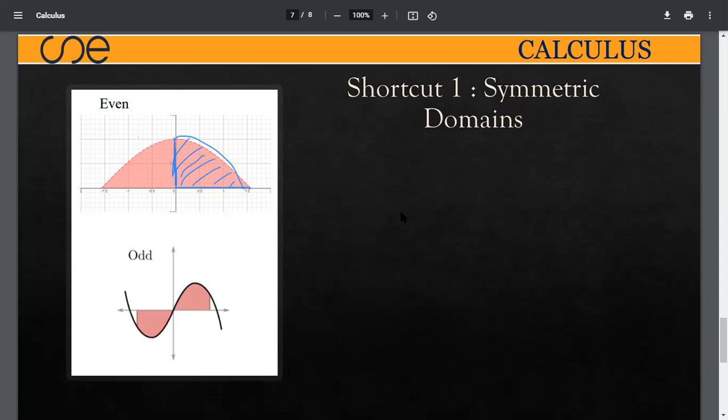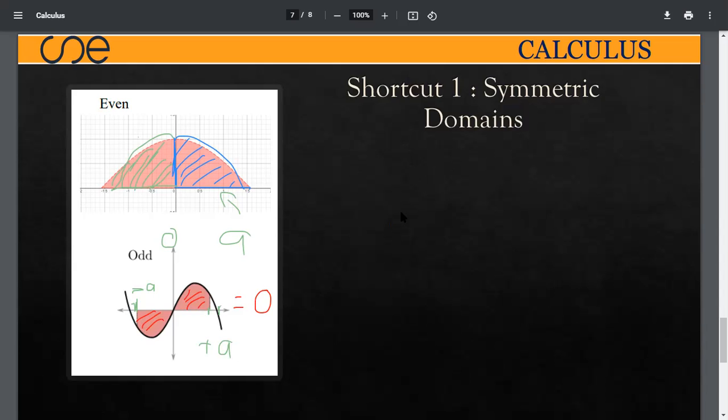So if I can calculate the area from 0 to a, I can calculate the whole area. In the second case, this is my -a and this is my +a, and those cancel each other, right? So the whole area will be 0 in this case.